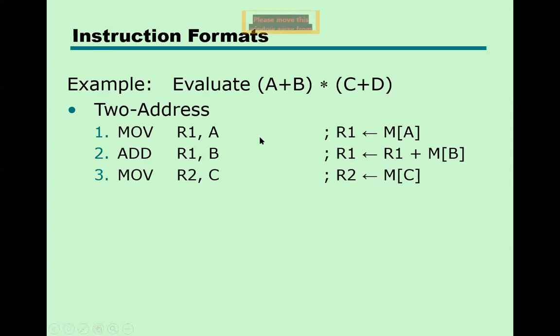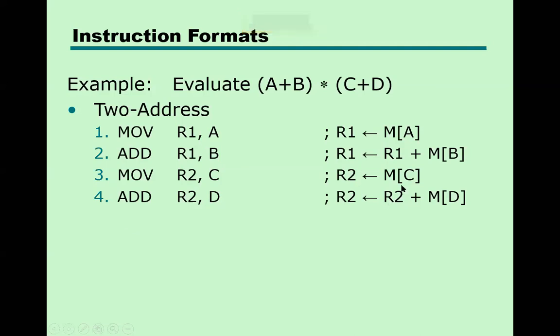Similarly, MOVE R2, C, so the C value will be moved to R2. Then we perform addition with R2: ADD R2, D. Whatever is at memory location D will be added with R2 and the result stored into R2 only.